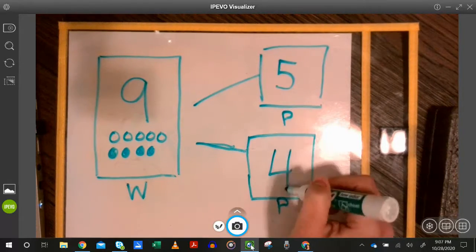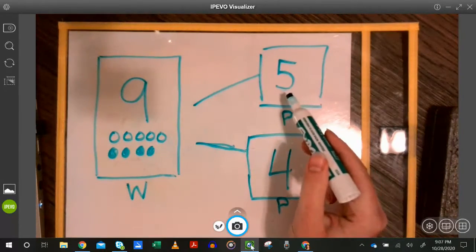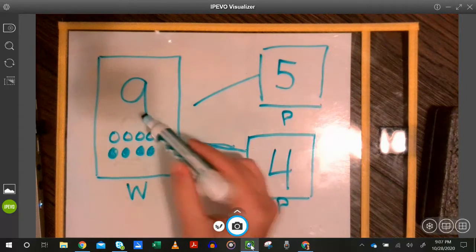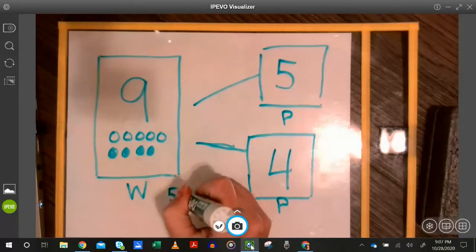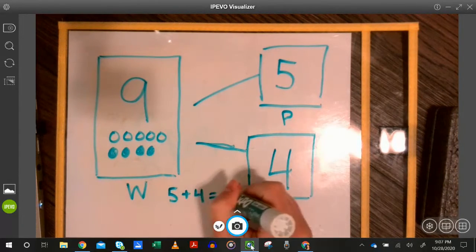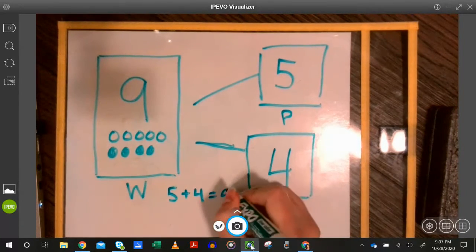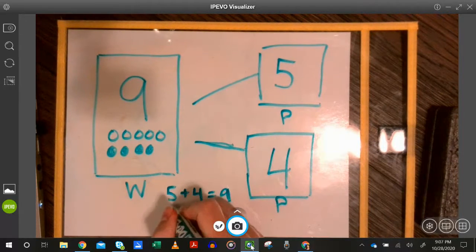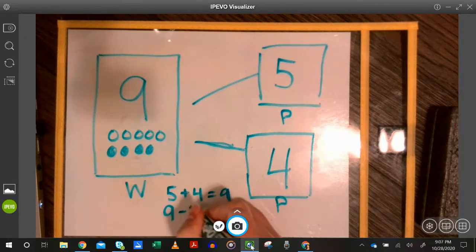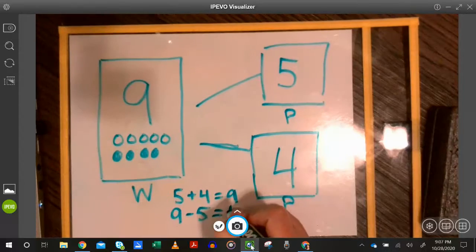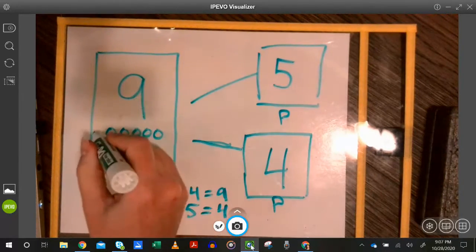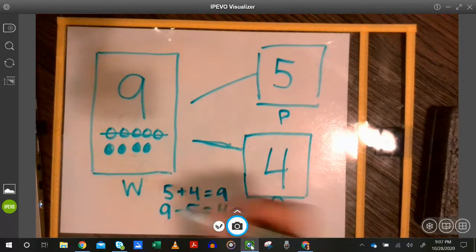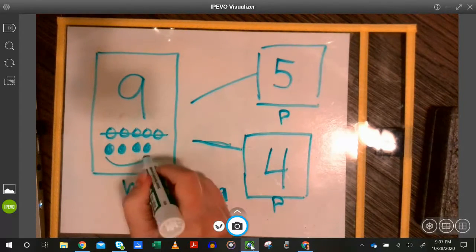My other part is 4. I know 5 plus 4 equals 9. And because I know 5 plus 4 equals 9, I can also know that 9 minus 5 equals 4. Here's my 9. If I took away that group of 5, I would be left with 4.